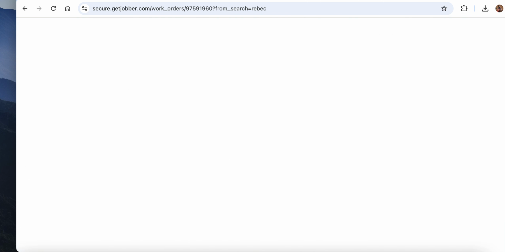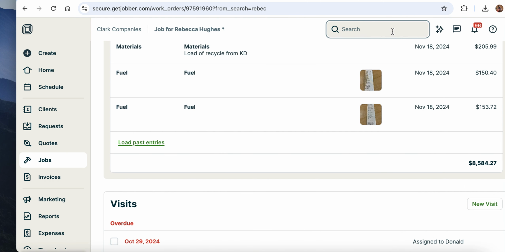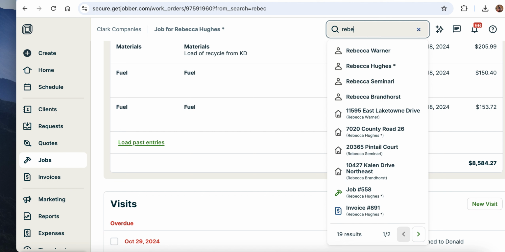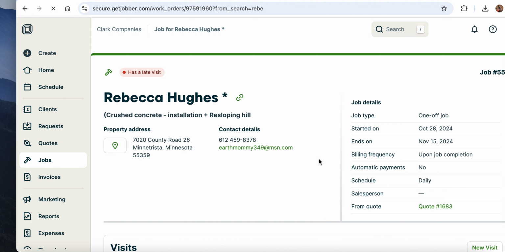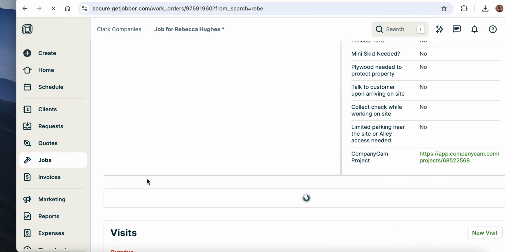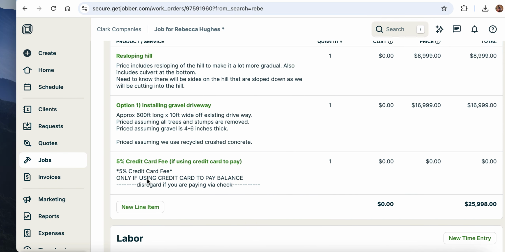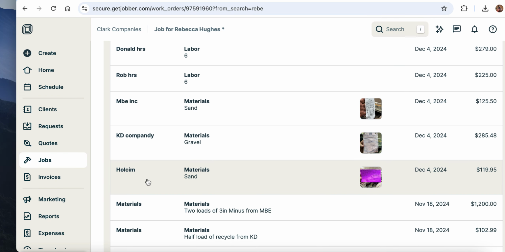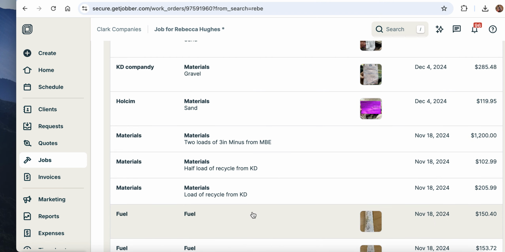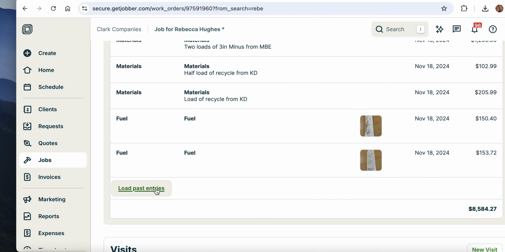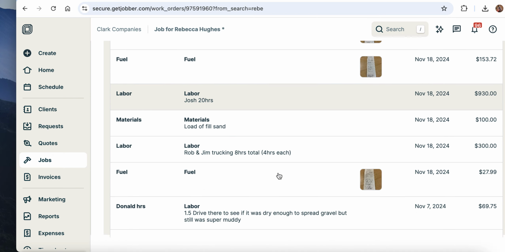Then you're going to go over onto Jobber. You're going to search for Rebecca Hughes, click on her job, and it will pull the job up. You're going to go down into the expense section, which you see here. On this one, I've already entered the expenses in, as have the guys that were getting materials.